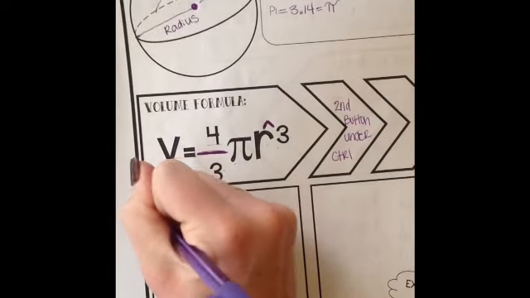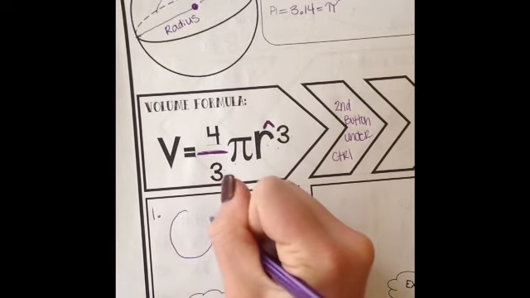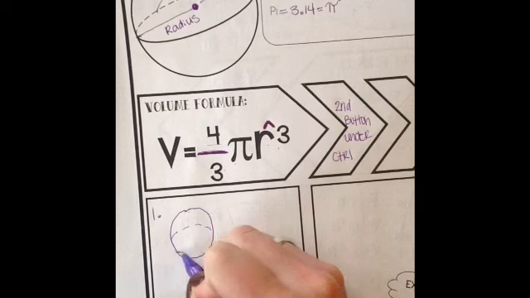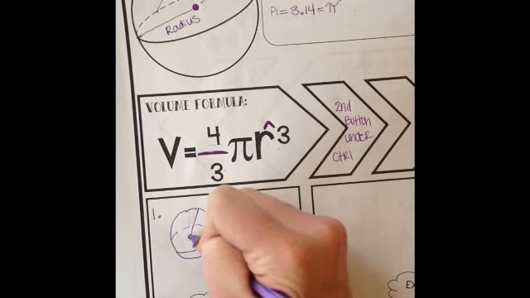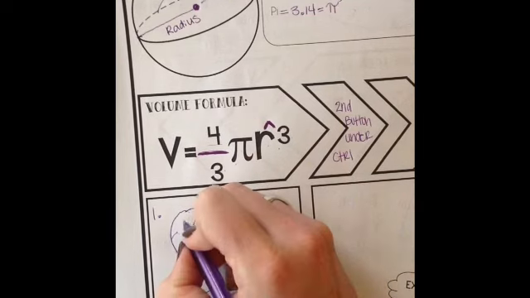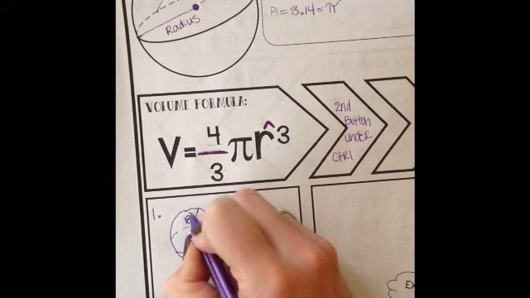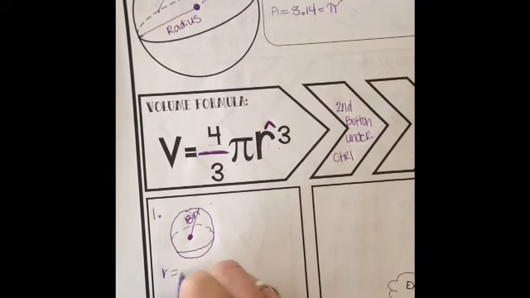Okay, so example number 1, we're going to have a sphere. My drawing skills of these are not good. Then we're going to go underneath. Okay, and I'm going to make my point halfway through. And it is going to have a radius of 18 inches. Okay, so that means that my little r is going to equal 18.